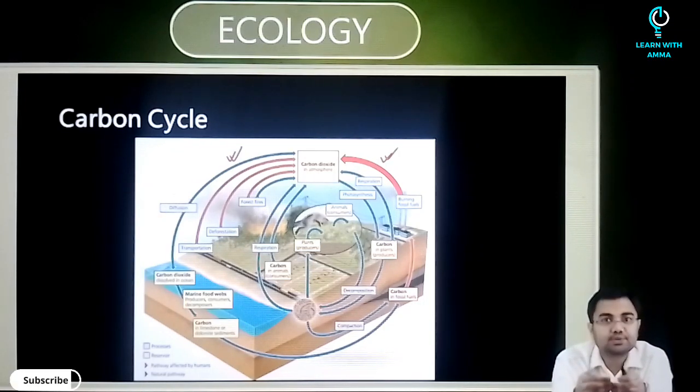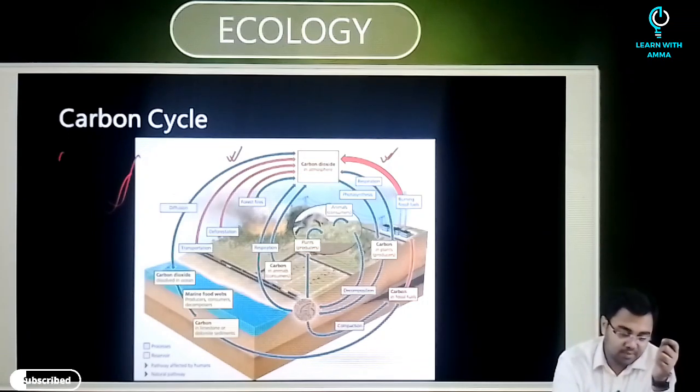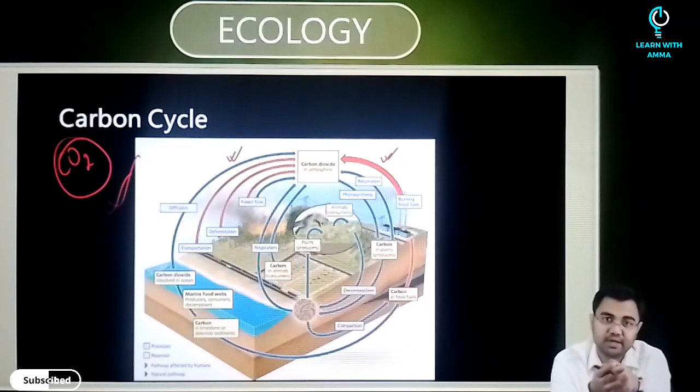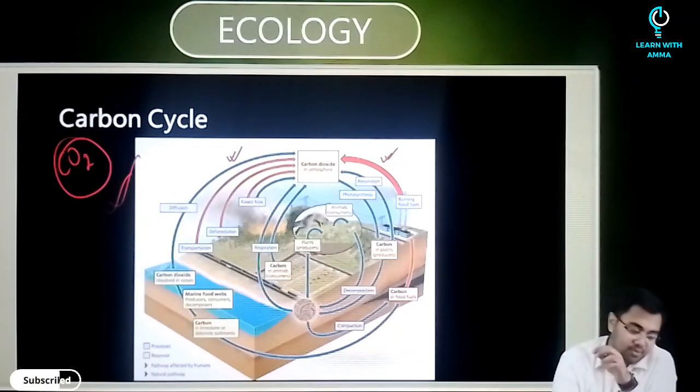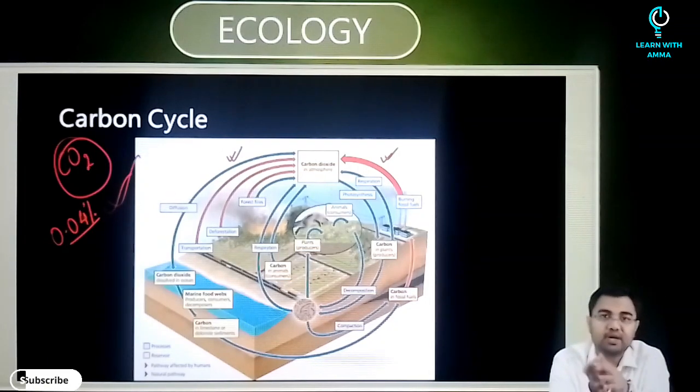It circulates through the biosphere, the atmosphere, and the parts of water or hydrosphere. So the carbon cycle is based upon the circulation of carbon dioxide, which, as we all know, is approximately 0.04% of the volume of the atmosphere.